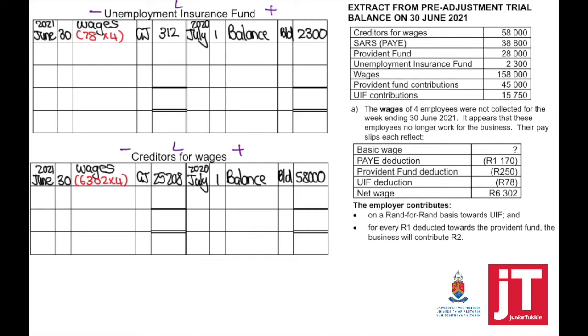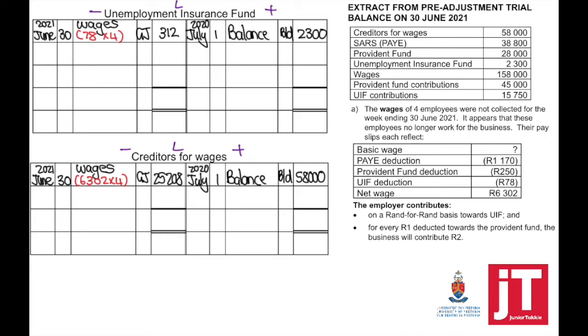Now the net wage was given to you, 6,302 per employee times 4, which is the total amount that must be debited to creditors for wages. Our liability will decrease. Remember, we have to take it out.